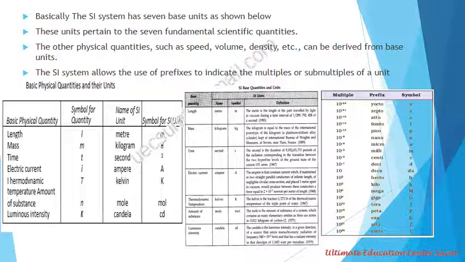The other physical quantities such as speed, volume, density, etc. can be derived from these fundamental units, which are described just now. The SI system allows the use of prefixes to indicate the multiples or submultiples of a unit. What does it mean? In the chart, you can see that some prefixes are given like yocto, zepto, atto, femto, pico, nano, micro, milli, then centi, then deci, then deca.